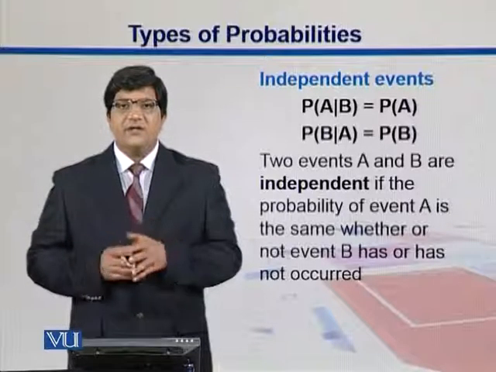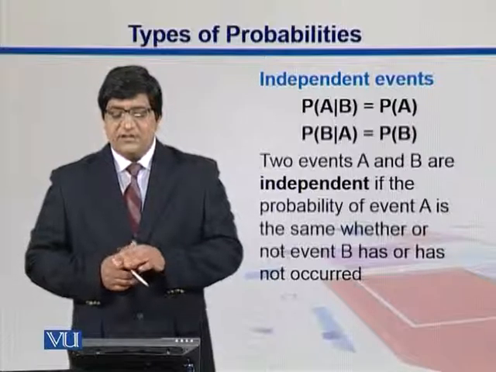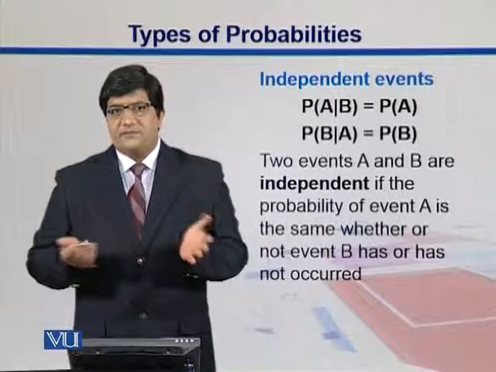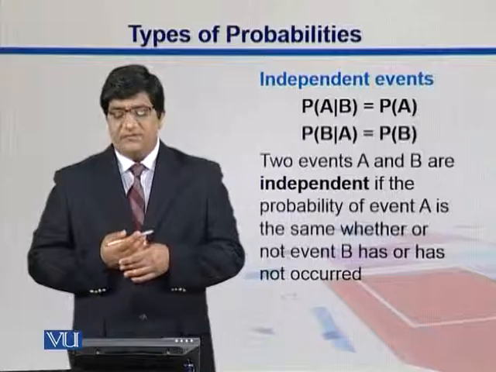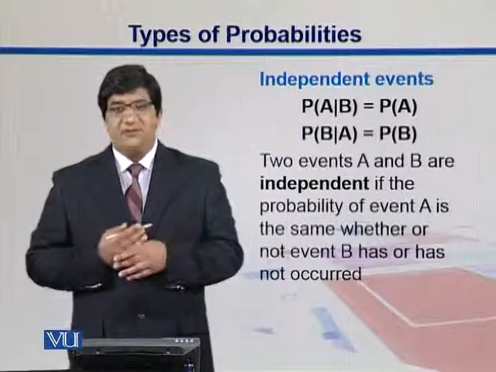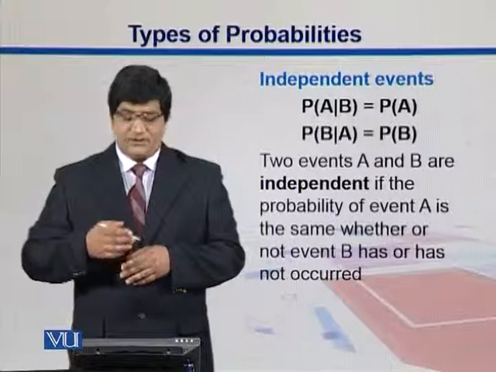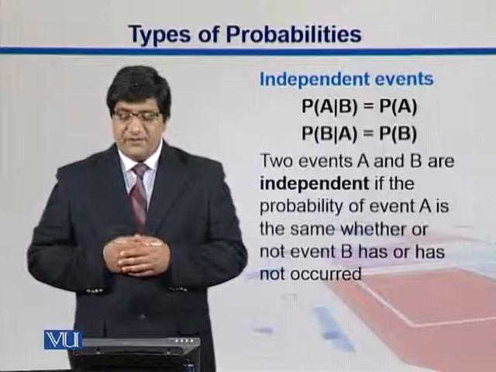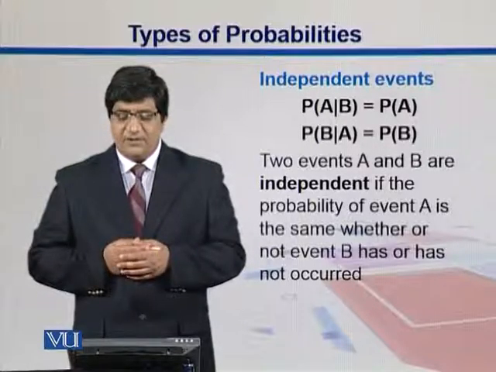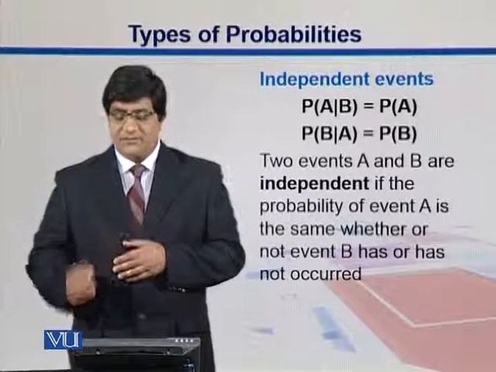Here there is no condition, so B has occurred, but it has no effect on A. In this case, P of A given B is equal to P of A. Similarly, P of B given A is equal to P of B. So there is no effect of the event which has already occurred. Two events A and B are independent if the probability of event A is the same whether or not B has occurred.